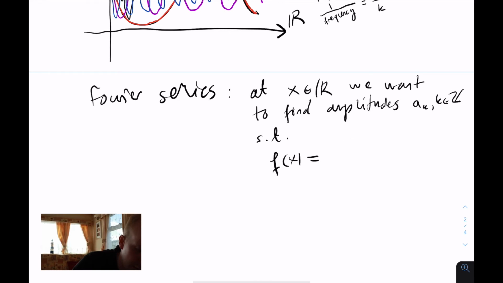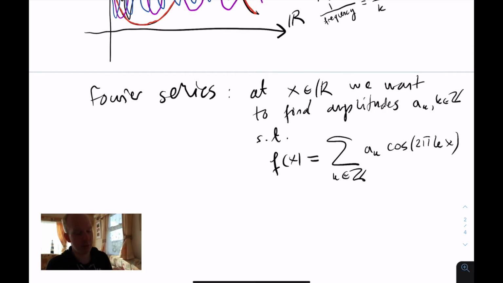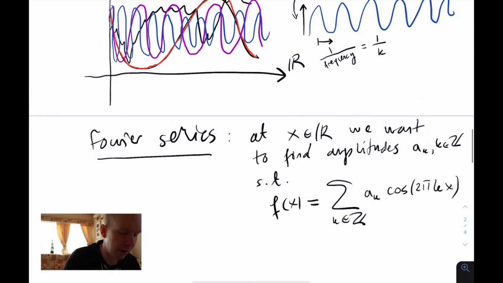So if you take this summation over all the amplitudes, k in Z, a_k, times cosine of 2 pi k x, this is what you'd like to do: decompose the function into this sum.